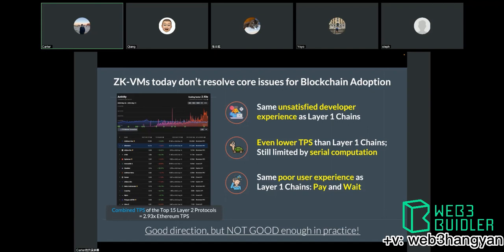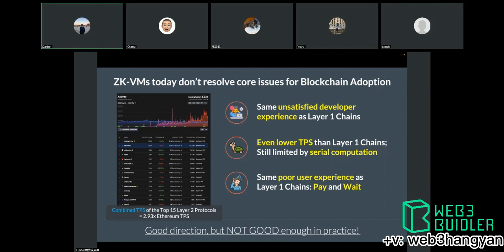On the TPS side, recently there was that big Starkware post, celebrating over 30 TPS. We all know this is not really sufficient for real use cases like blockchain gaming, dynamic NFTs, or DeFi at scale. Platforms like Alipay are processing something like 550K TPS. So we have the same poor UX as well.